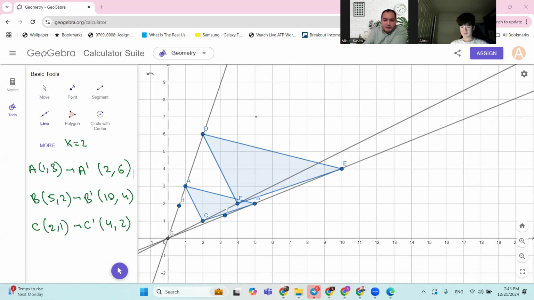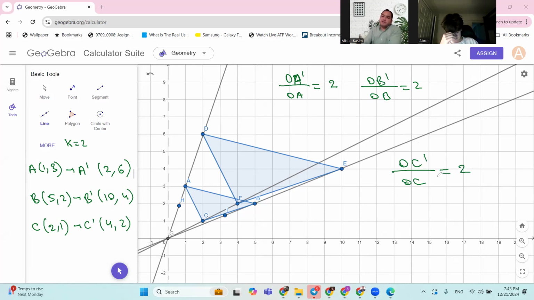If you take the ratio OA prime over OA, you will see that it is equal to 2. And OB prime over OB is also equal to 2. OC prime over OC is also equal to 2, which is the scale factor. That means each side of this new triangle, which is called the image, is twice as big as the original figure, which is the pre-image.